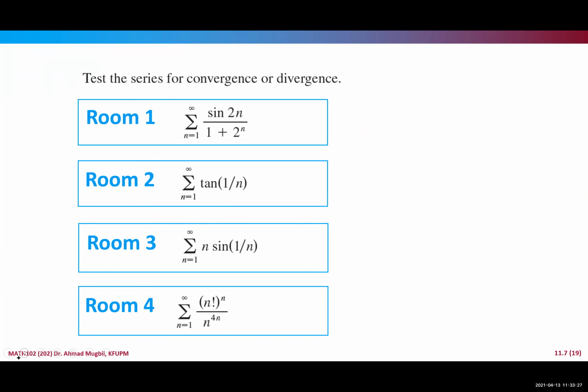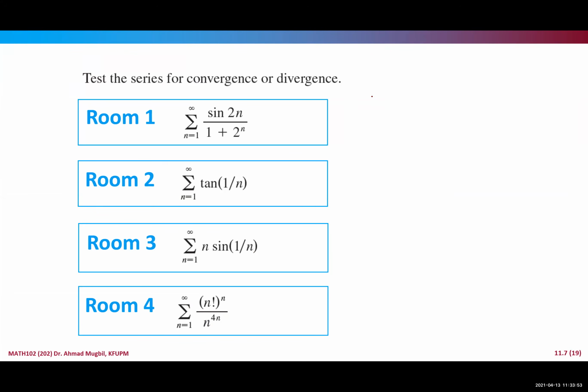Let's see, ya shabab, now get ready to solve the recitation exercises. I will give you 2 or 3 minutes. They are enough for you to study the convergence and divergence of one of these. I will divide you into 4 rooms. There will be like 10 students in each room.